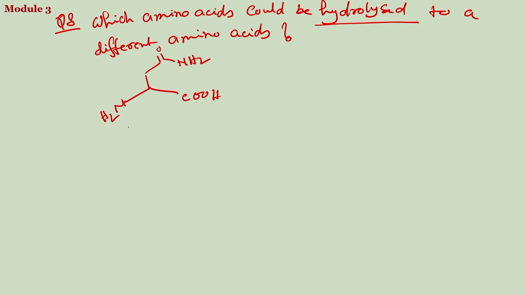This is your asparagine, in short ASN. So, the amino acids which have an amide functional group in the side chain can be hydrolyzed, because an amide can be hydrolyzed into an acid.